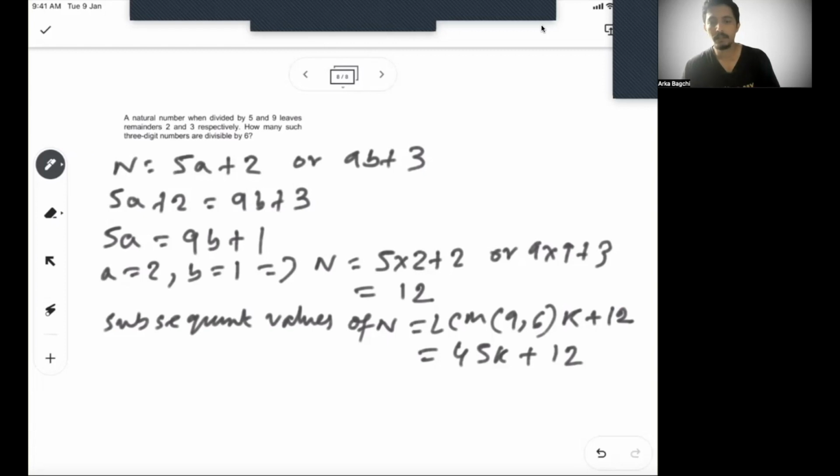Okay, 45k plus 12. Now, like the previous example, how many 3-digit numbers of such are divisible by 6. Now if I do 45k plus 12, when k is 1, 45 plus 12 is not divisible by 6. 12 is divisible by 6 always, but 45 is not divisible by 6 when k is 1.